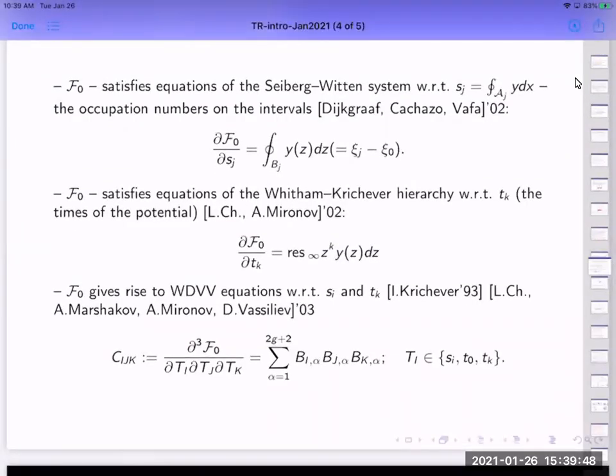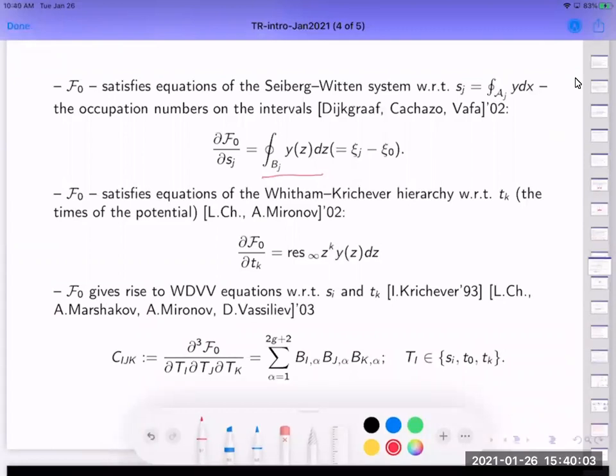If I take derivatives with respect to filling fractions, they are given by B-cycle integrals. So this partially answers John's question. To get the equilibrium distribution of the filling fractions for a given potential, I have to ensure the condition that all integrals over B cycles of this form are zero.